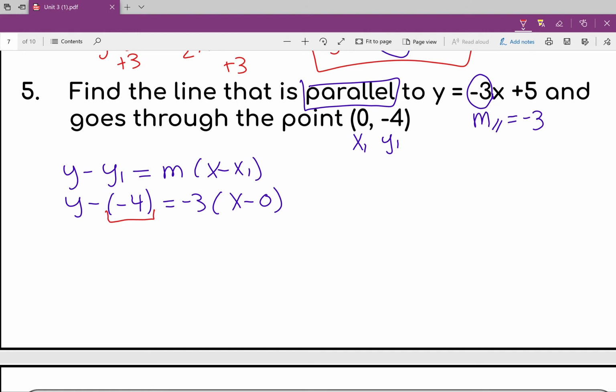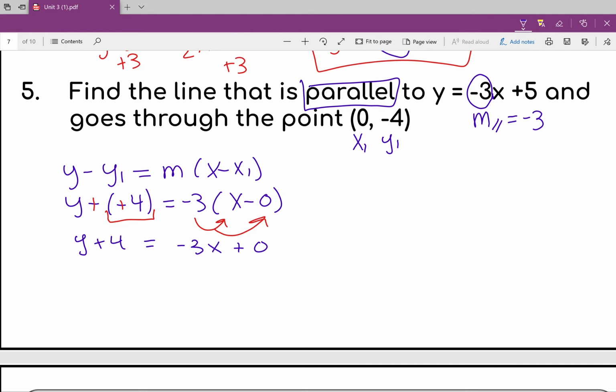If we have minus a negative, that turns into plus a positive, and then we can distribute our negative 3. So we have y plus 4 is equal to negative 3x minus 0, or actually plus 0 because a negative times a negative. We don't really need that 0 there, but I'm just going to keep it as a placeholder.